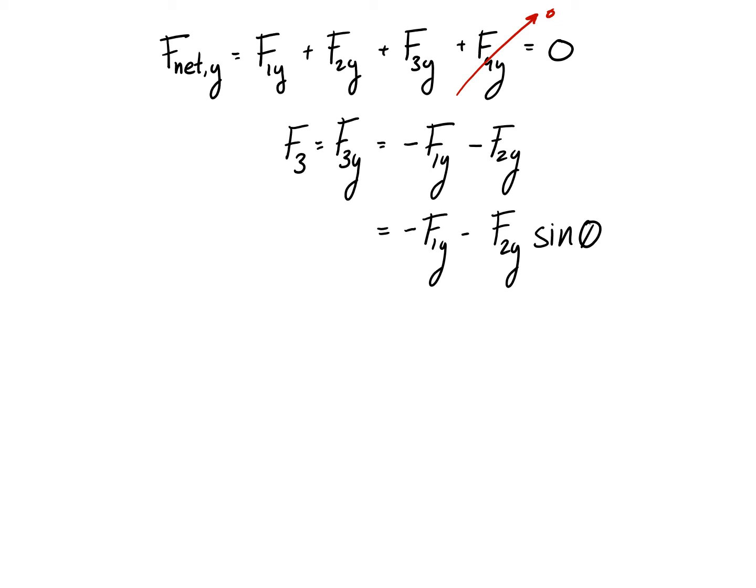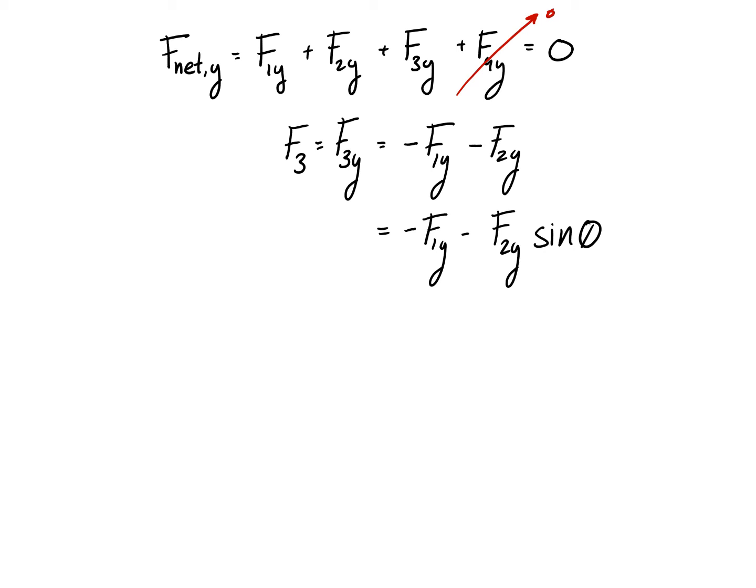In the question, I'm given the value for the net force in x and y once I add them all together. Y happened to be equal to 0. So I've rearranged my equation such that force 3 is isolated by itself on the left side of the equation, and everything else is on the right side of the equation before plugging in numbers.